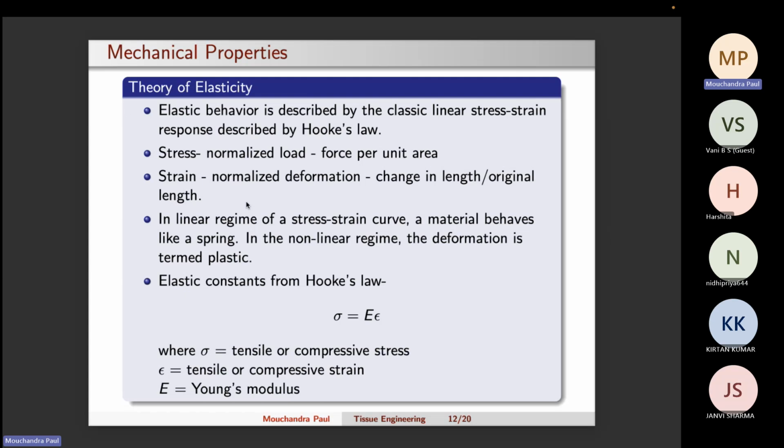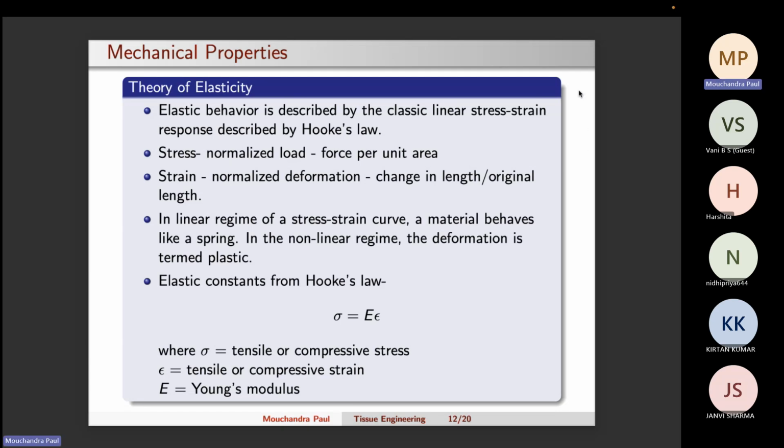If the geometry of your material changes, then the amount of load that is required becomes different. So we want to standardize that for all different kinds of geometries, so whatever value of stress we get for the same material should be the same. That is why we use the normalized form. And this normalized form is called stress, and this is called strain.